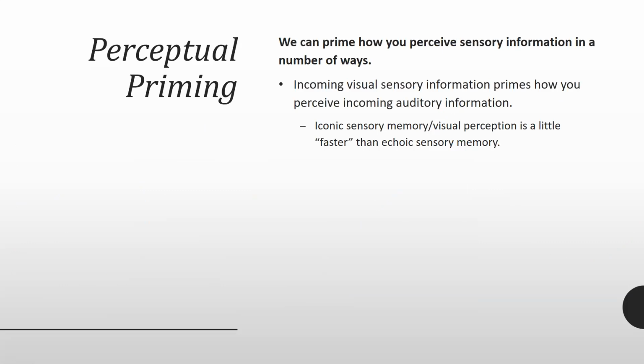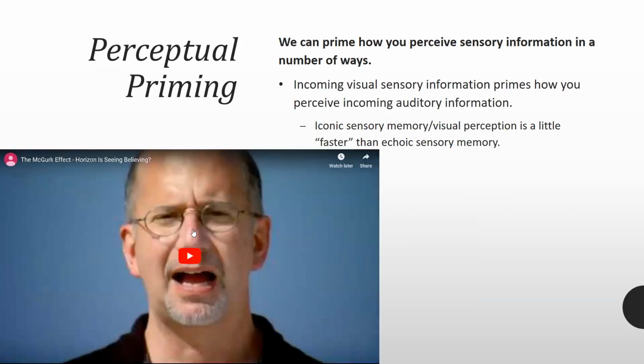If you remember, iconic is about 100 milliseconds, and echoic sensory memory would last up to 4 seconds. So this really quick visual sensory information can affect what you end up hearing. There's a pretty famous example that we'll look at briefly in a YouTube video for demonstration.